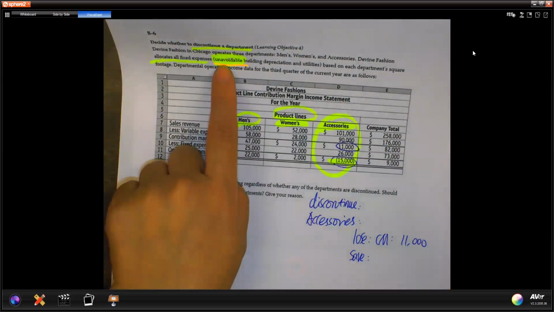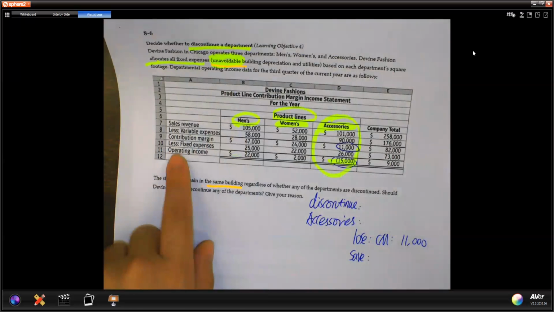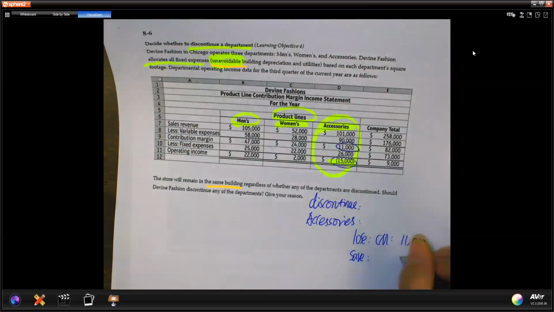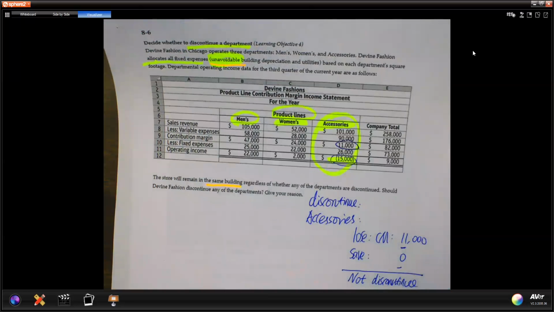No, because it's unavoidable fixed cost. So we will save 0. We lose 11,000, we save 0. So should you discontinue, yes or no? We should not discontinue, right? You will lose 11,000, you just save 0. Overall, if you discontinue, you will lose 11,000.